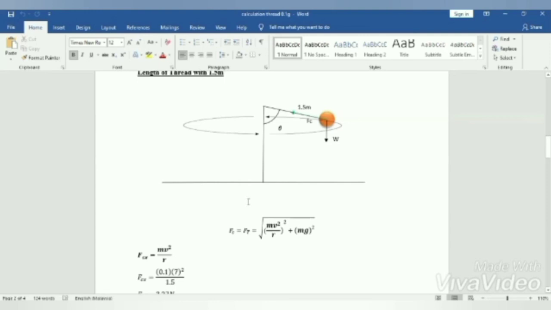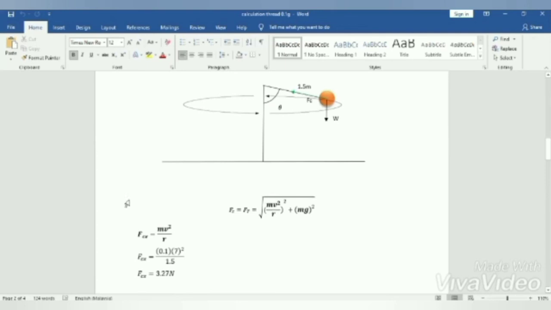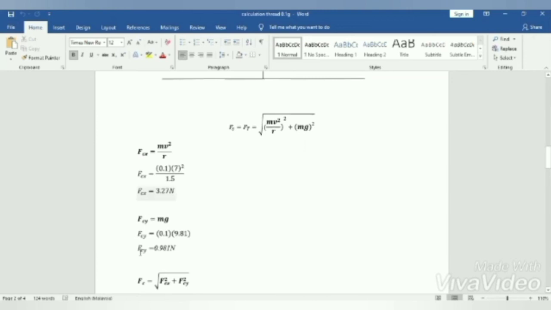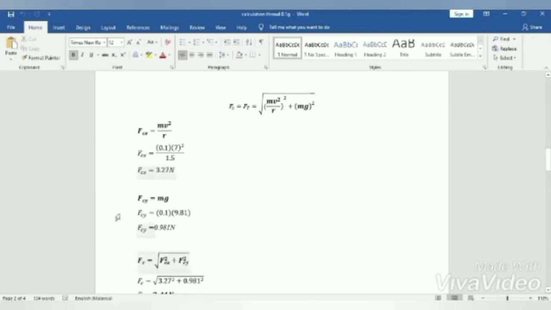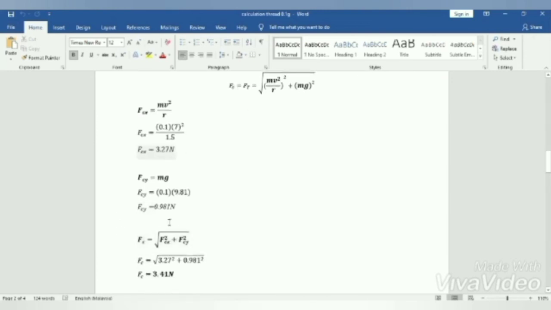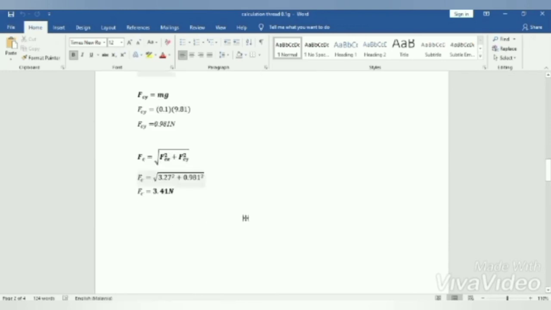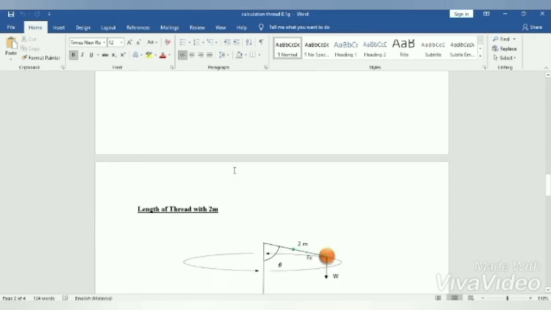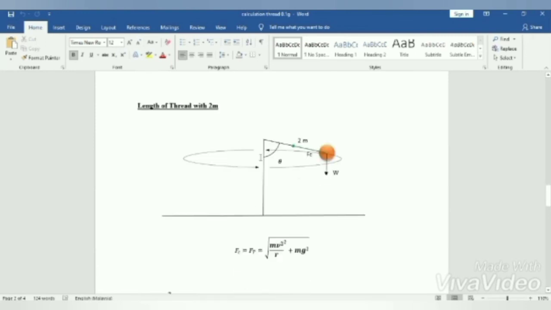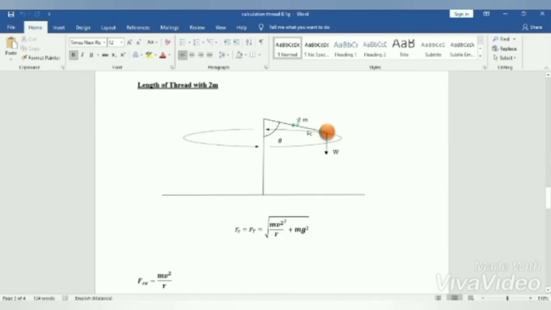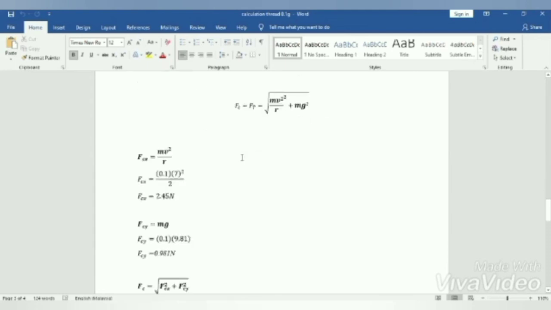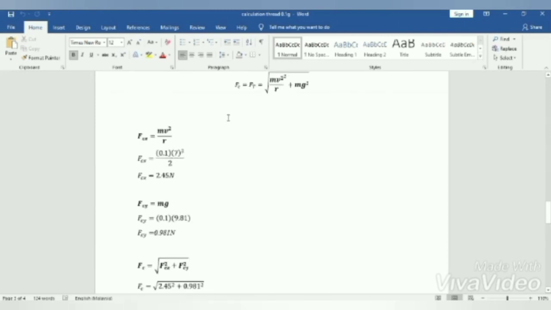We find this formula, and after that we will gain the answer. It's the same for the next question, the same as the above question, but we just need to change the length of the thread, and then by using the same formula we will gain the answer.